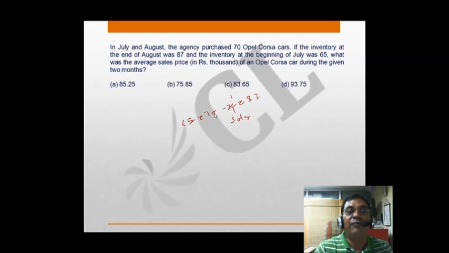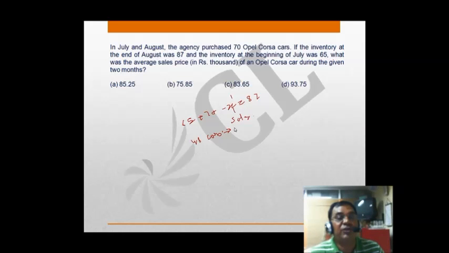Obviously we have purchased 70 cars, and the inventory at the end of August and at the beginning of July, that means 22, that means I have sold 48 cars only. 48 cars I have sold. So now the average price of Opel Corsa during the given 2 months, July and August, we will see what the sale is, divided by 48.